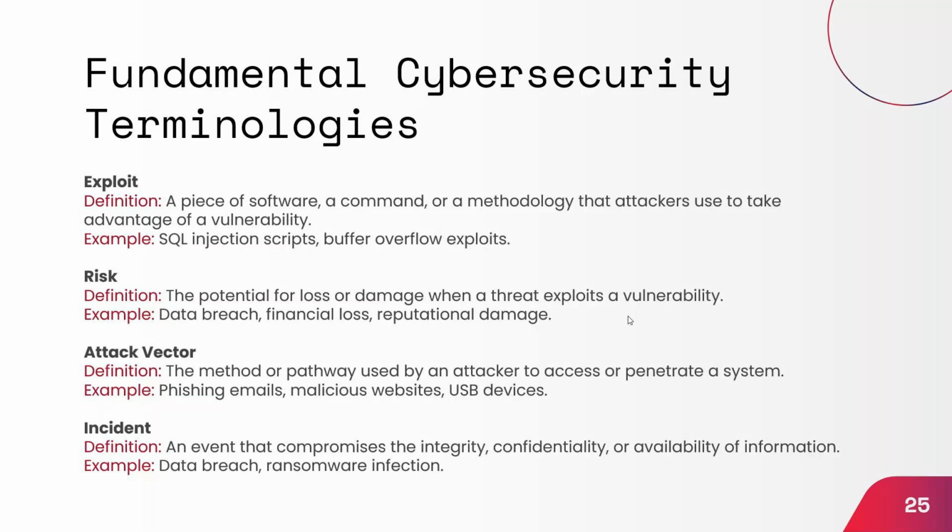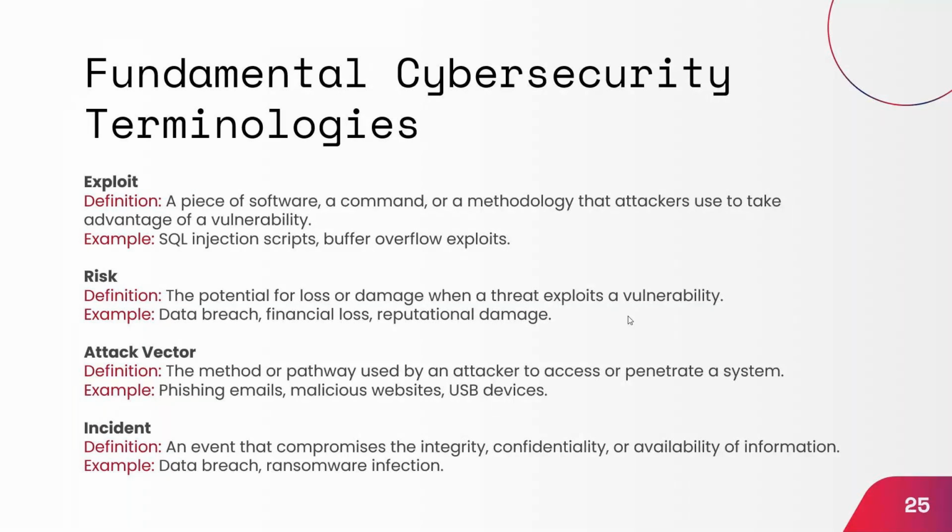That is a threat, and after that, that leads to some sort of potential loss. Once they get in, they can modify something, delete something, or read and access some confidential information. This is possible because of what? Exploiting the vulnerability in an asset. They were able to create some sort of potential loss or damage.